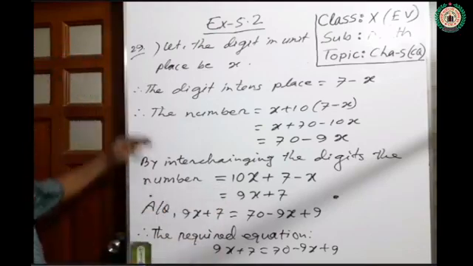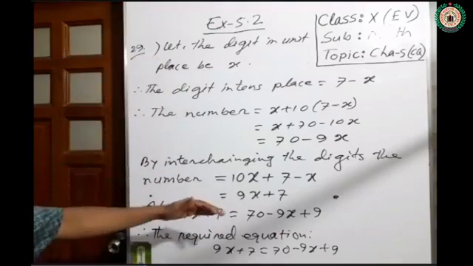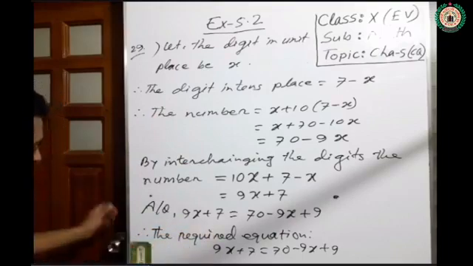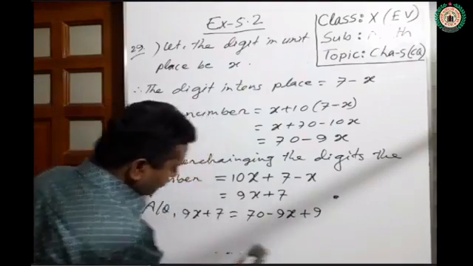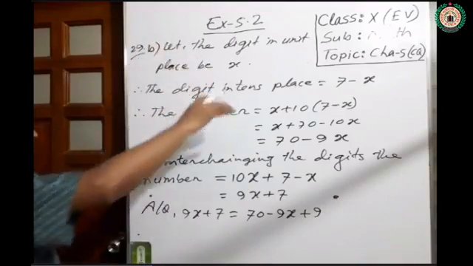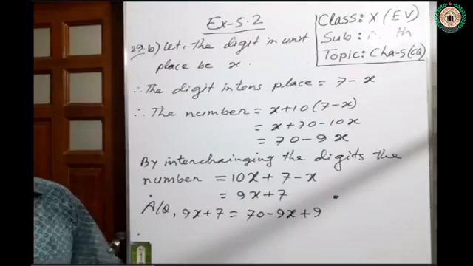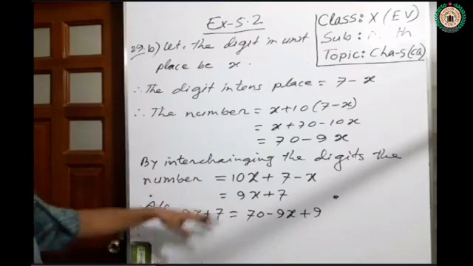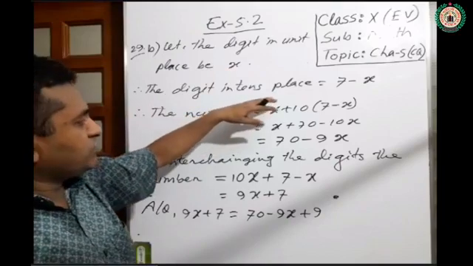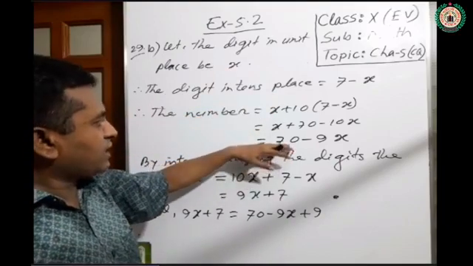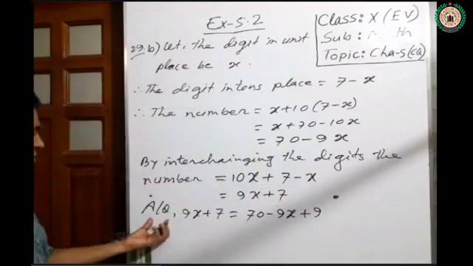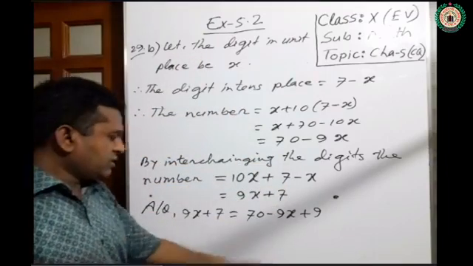So, after writing this and solving this equation, we can get the value of x. That's why for B, we should not write 'from A we get'. It is better to mention everything, because we need the digit in tens place, the digit in unit place, and even the number also. So according to the question, you solve it.